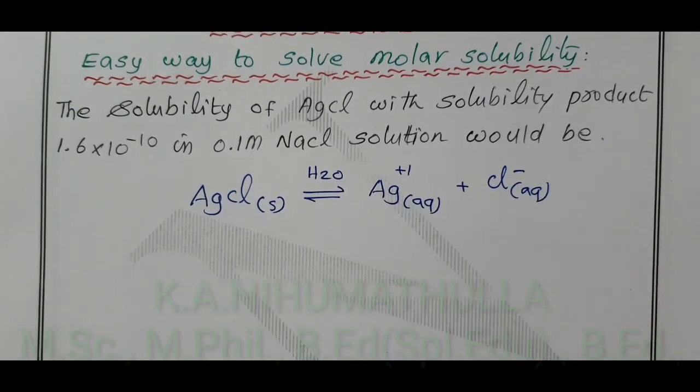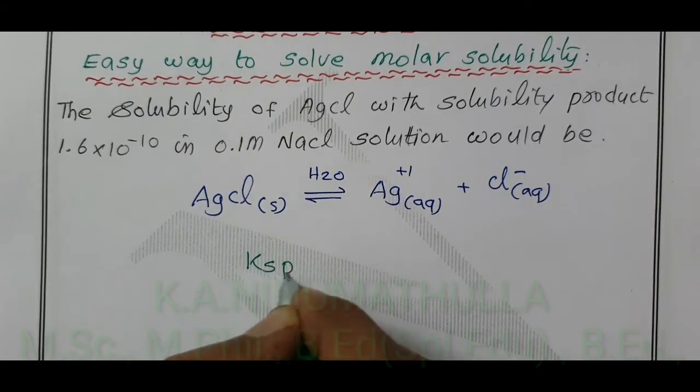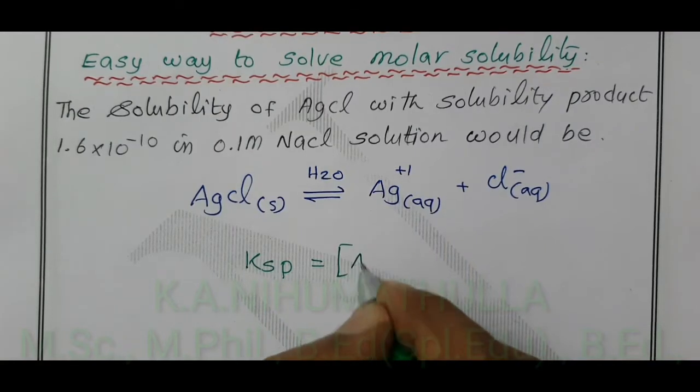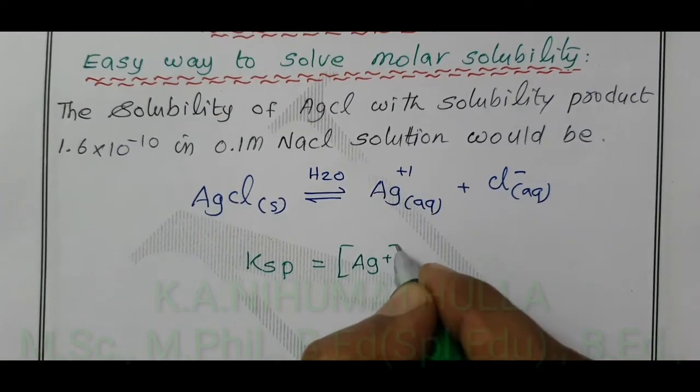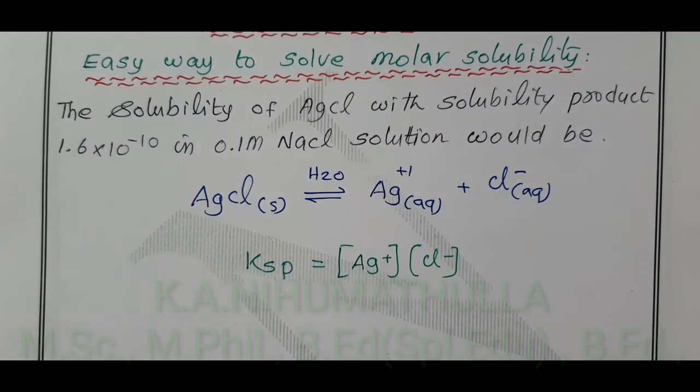Solubility product of the above equation, K solubility product is equal to, what is the formula? Concentration of Ag plus ion and concentration of Cl minus ion.